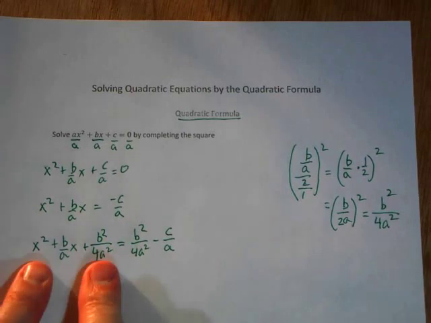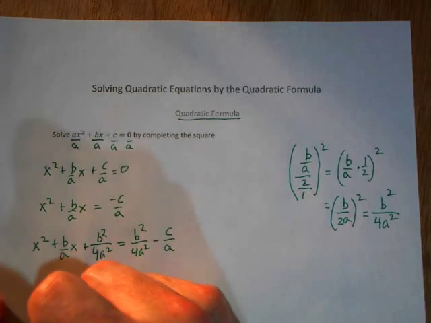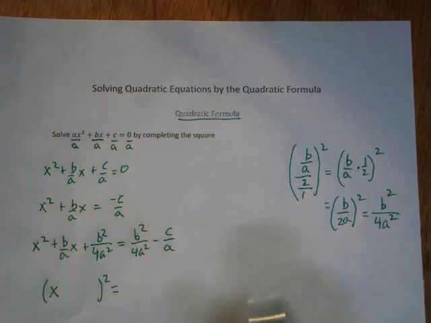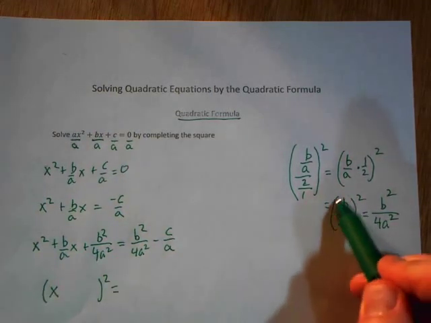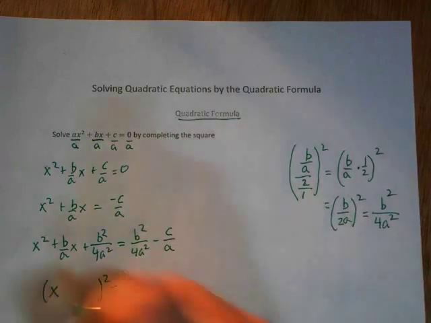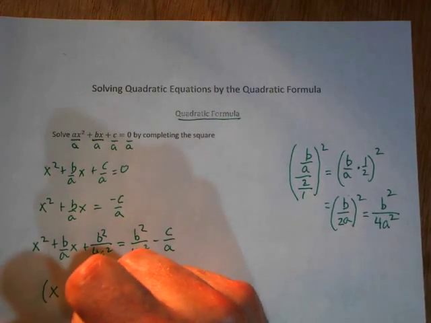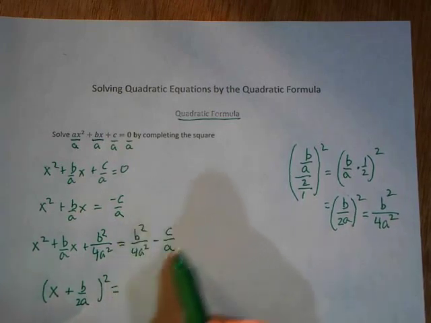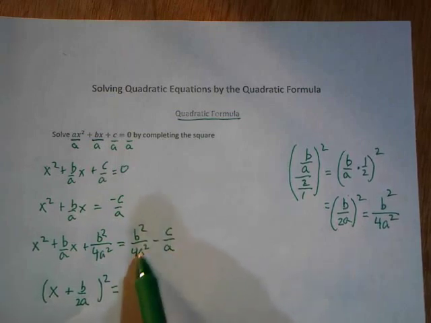The left-hand side, we know, since we're completing the square, will factor as a perfect square. It's got to be x, and then it's this number right here, right before we did the squaring. So plus b over 2a. Now, on the right side, what I'd really like to do is have a common denominator here, so I can subtract these fractions.